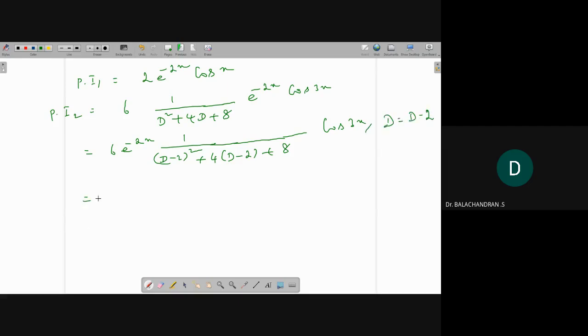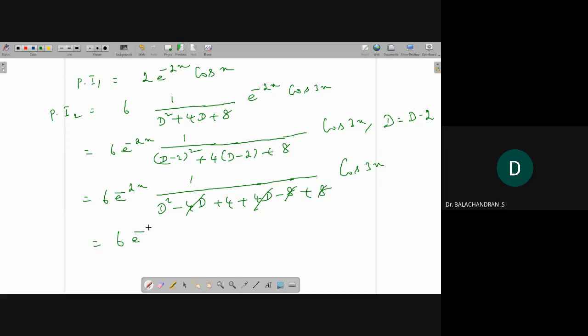So this is equal to 6 into e power minus 2x, 1 by d square minus 4d plus 4 plus 4d minus 8 plus 8, into cos 3x. You have only 6 into e power minus 2x, d square plus 4, into cos 3x.